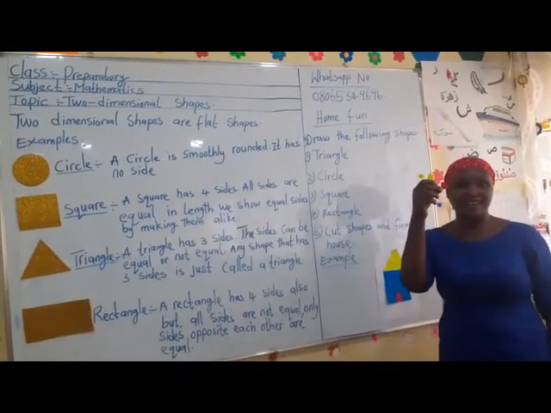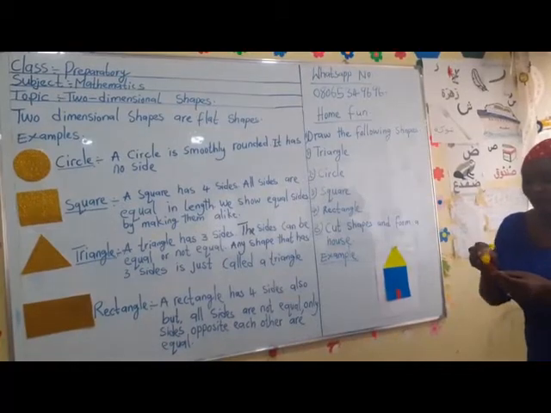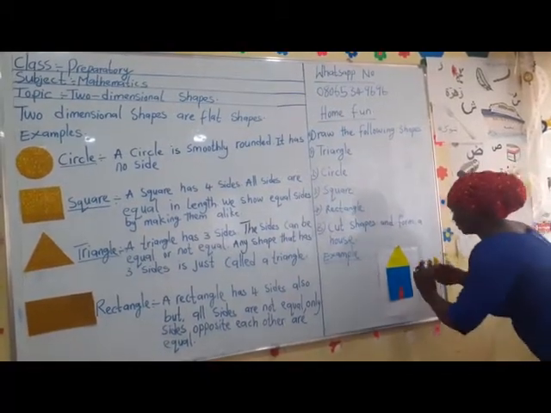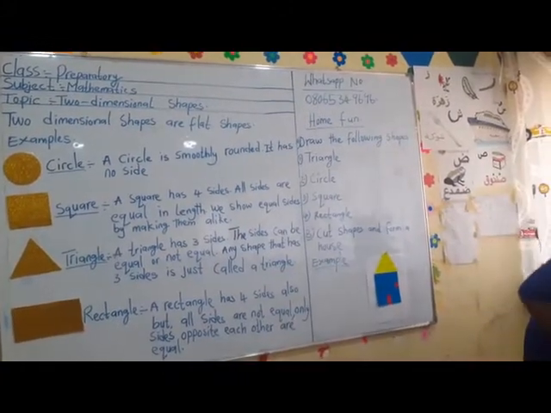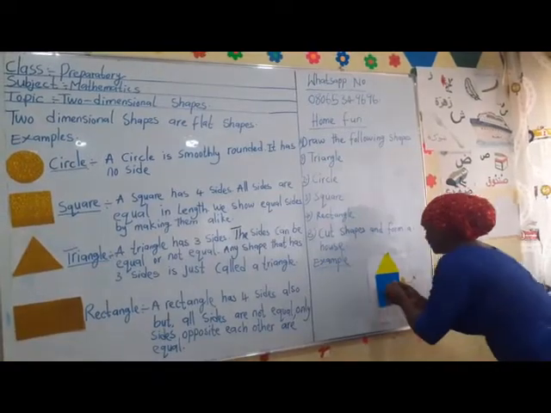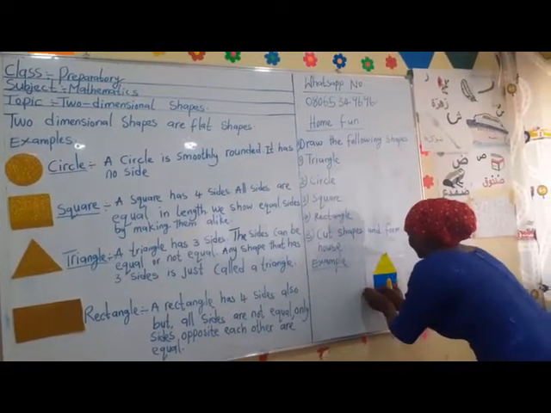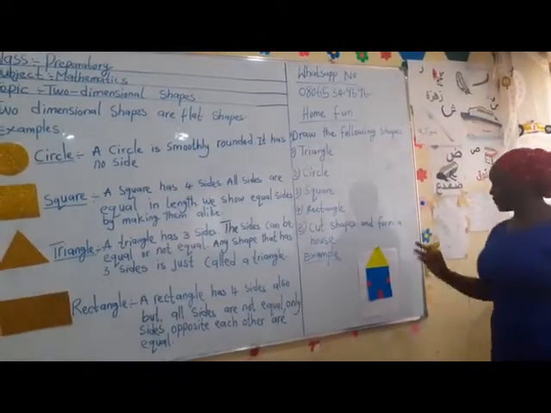What is this? A square. Our little window. We have 2 windows. You put one here. Then you put the second one. Wow, interesting. I love using shapes to form a house.